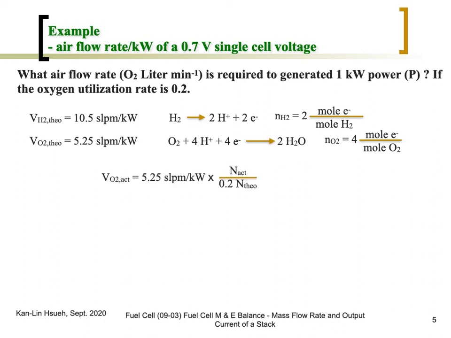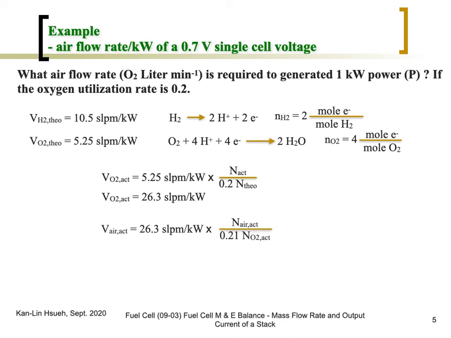This is the oxygen volumetric flow rate. Since the utilization rate is 0.2, or the stoichiometric ratio is 5, you need to divide by 0.2 to get the actual volumetric flow rate for the oxygen.